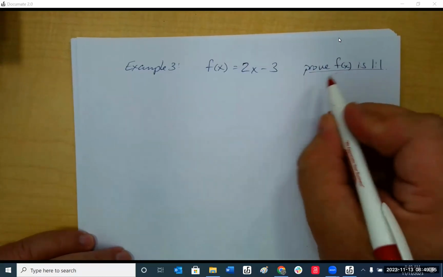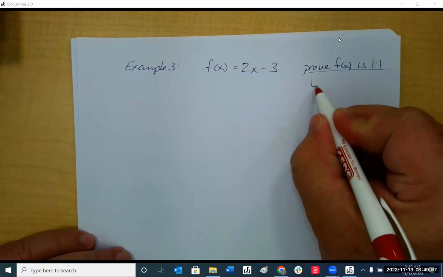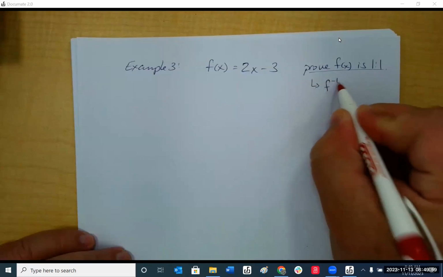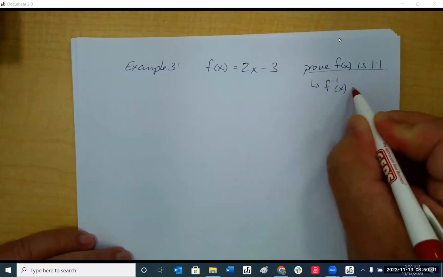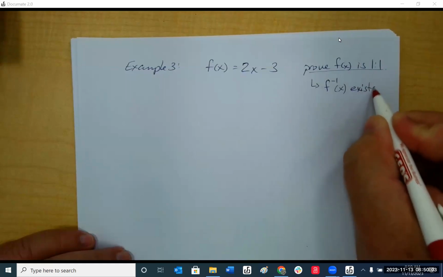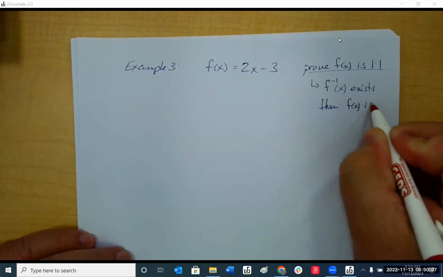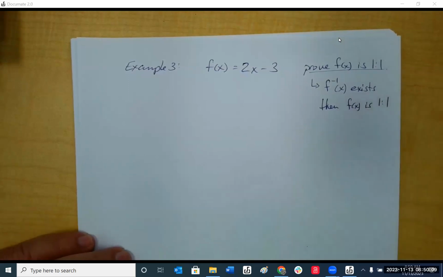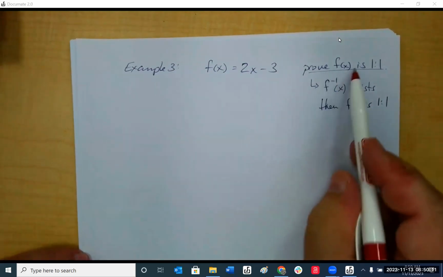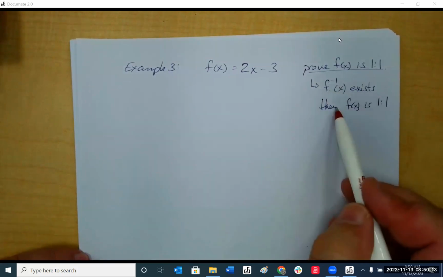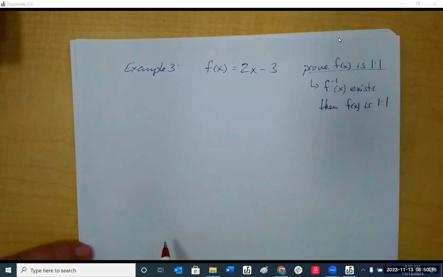How do I prove that it's 1-to-1? If it has an inverse, if that exists, then f of x is 1-to-1. So if I find the inverse and it exists, then I know the function is 1-to-1.